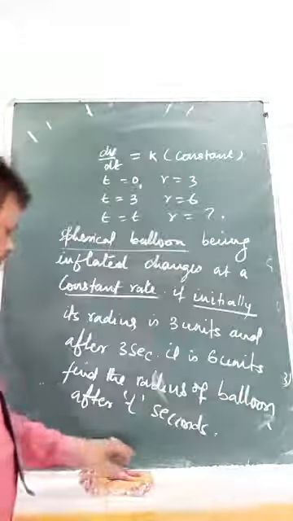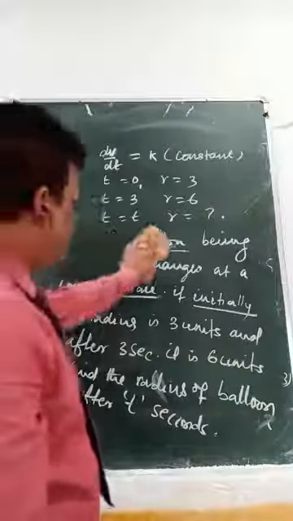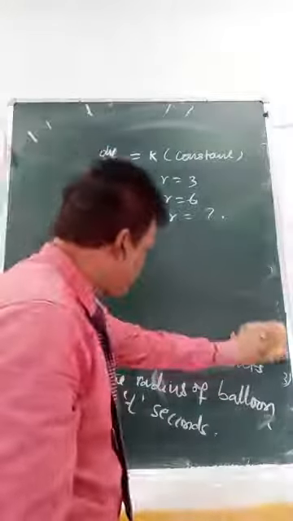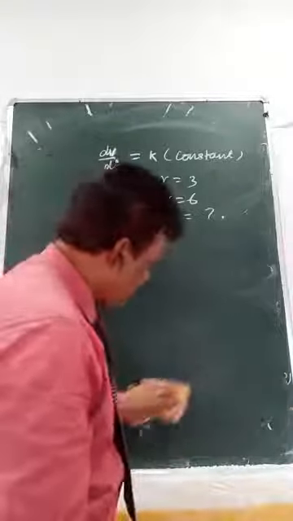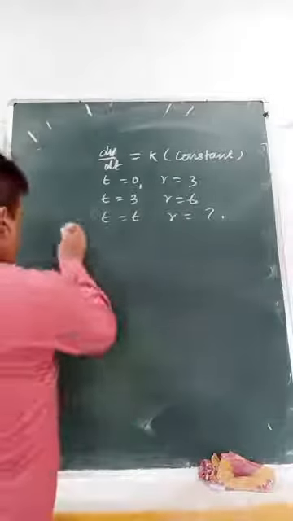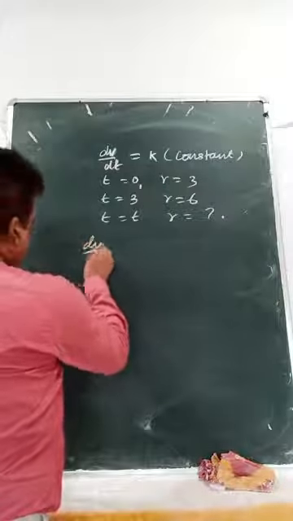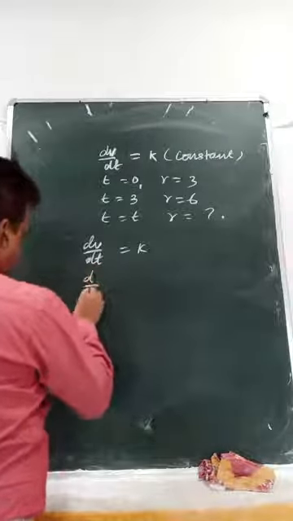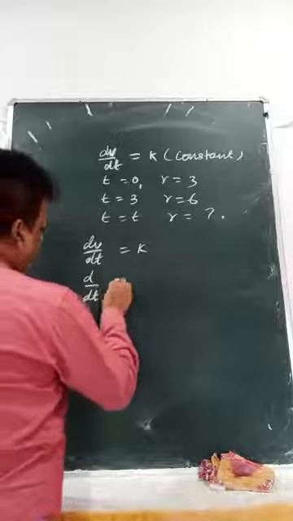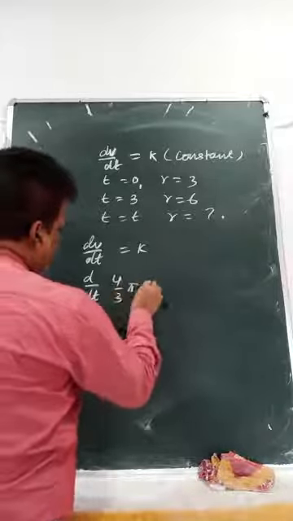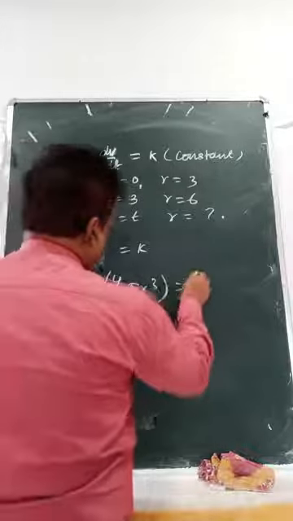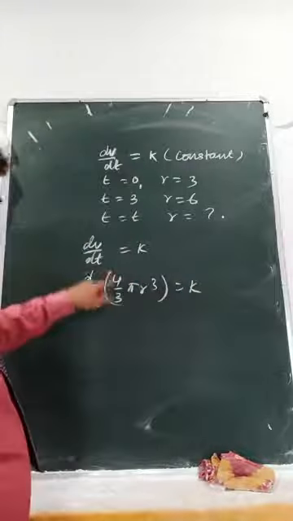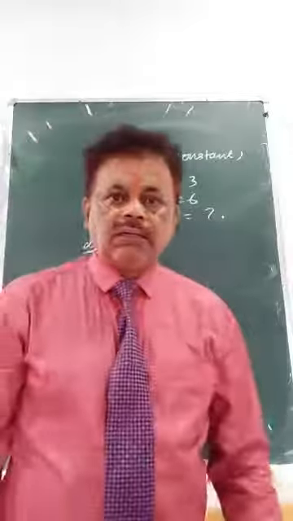So how to find? Look, what is dV by dt? dV by dt equals K. d by dt of (4 by 3) pi r cube, because volume is (4 by 3) pi r cube.